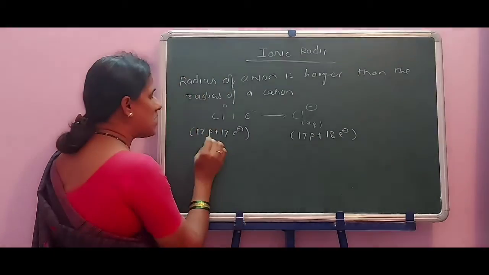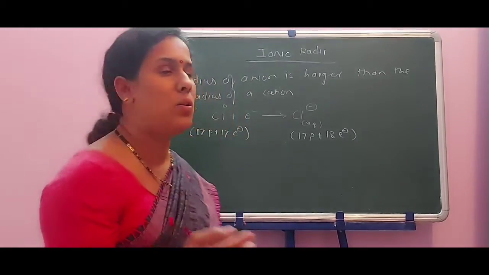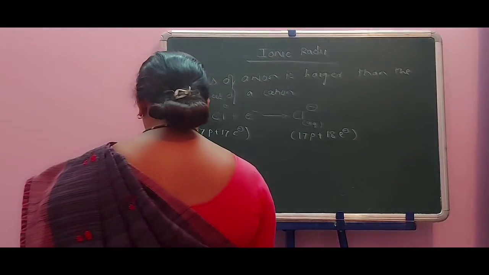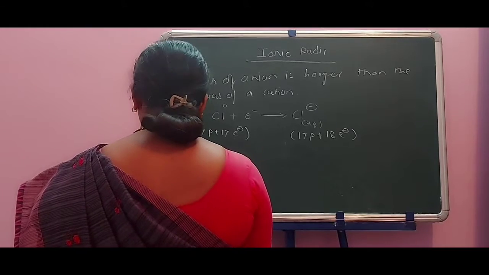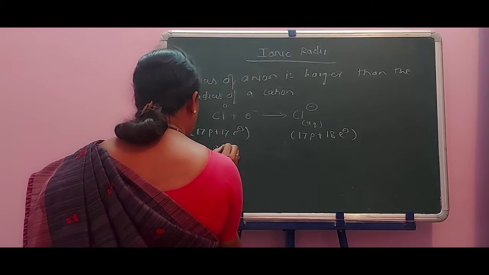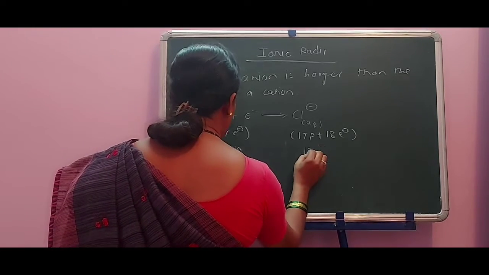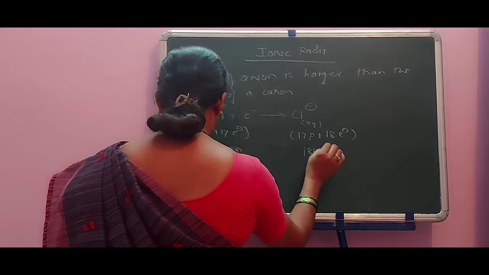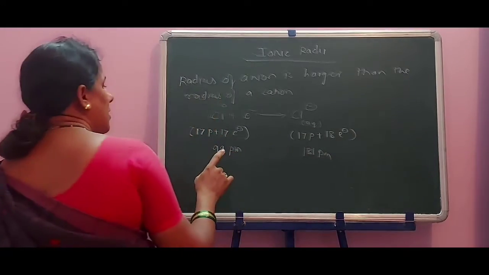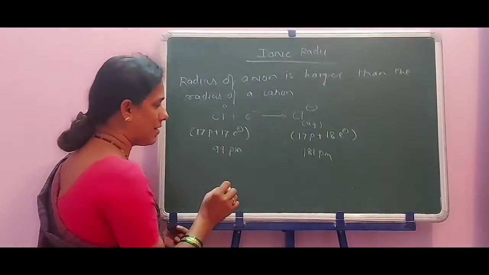As far as the values are considered, it is 99 picometer for Cl0 and 181 picometer for the negatively charged Cl minus ion.